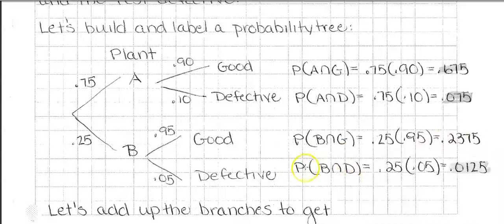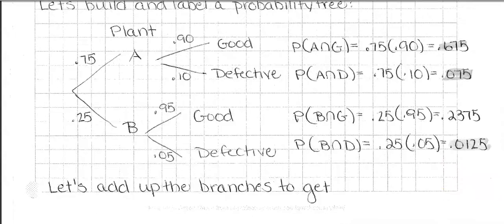And likewise, the only other alternative is the transistor is manufactured in plant B and defective, and the product of those branch probabilities, 0.25 times 0.05, is 0.0125. Again, if you add up all of these branch probabilities, you should get 1.